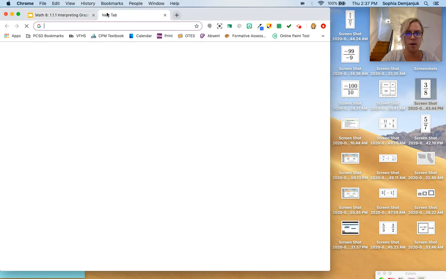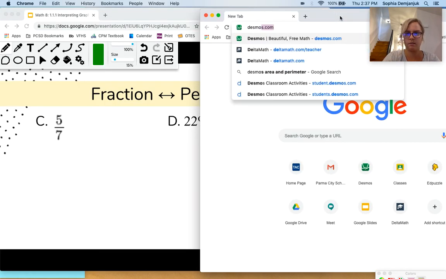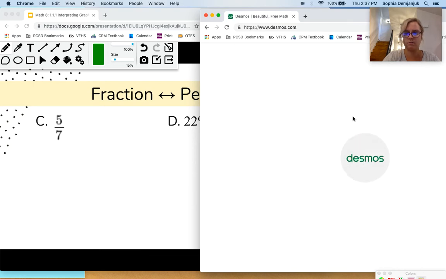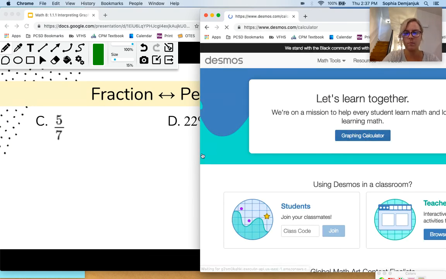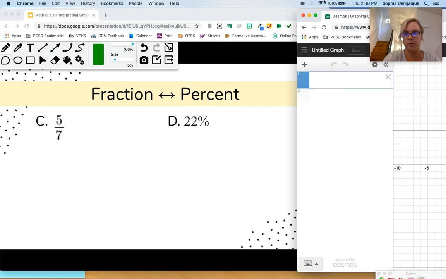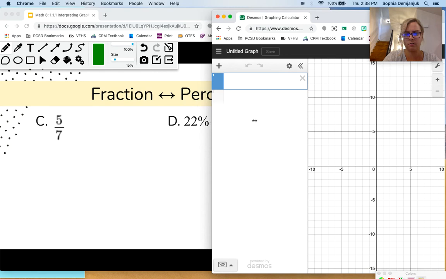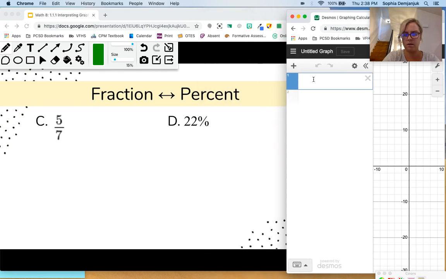So I'm going to open up another tab so I have a calculator. We're going to put that fraction, since it's not one that we know in our head, into the calculator. 5 divided by 7. And that just gave me the decimal equivalent.